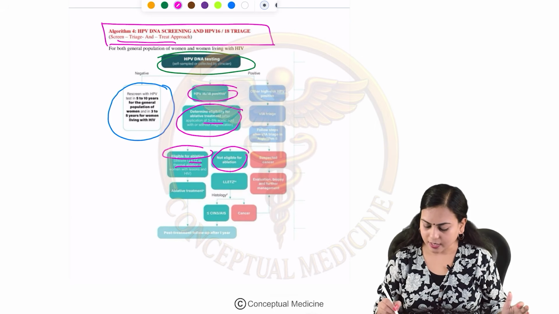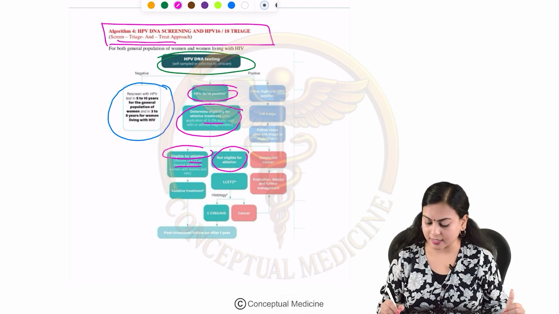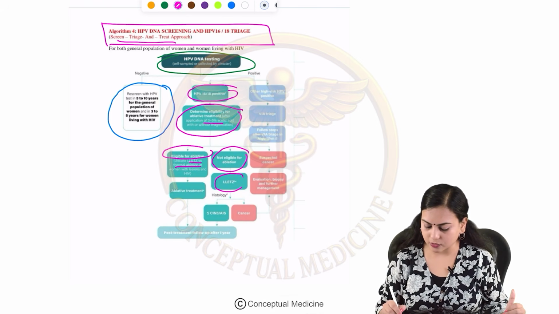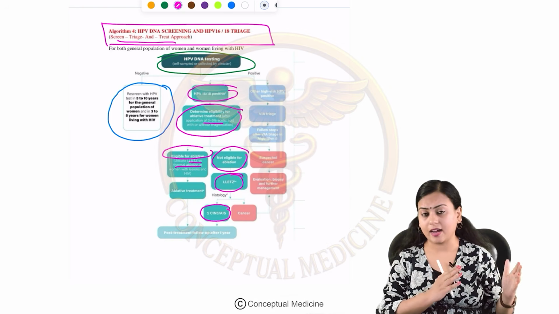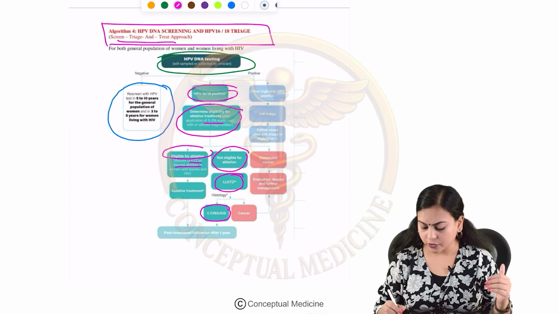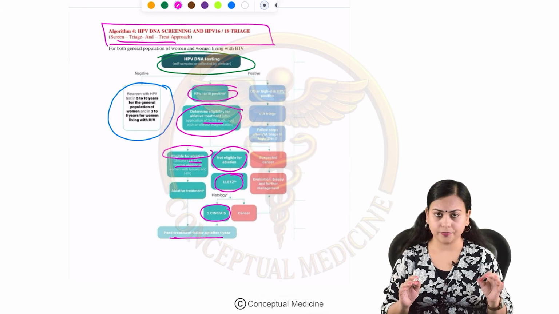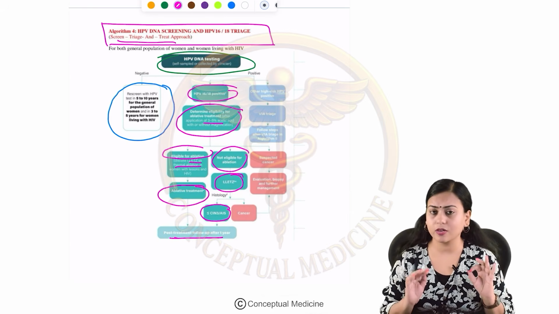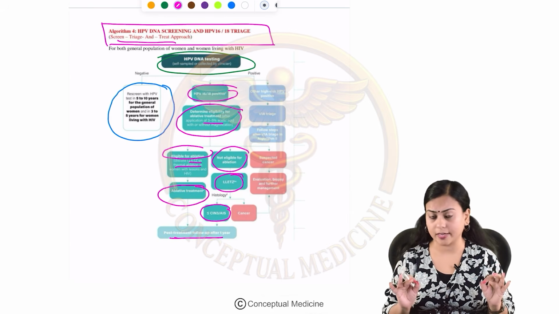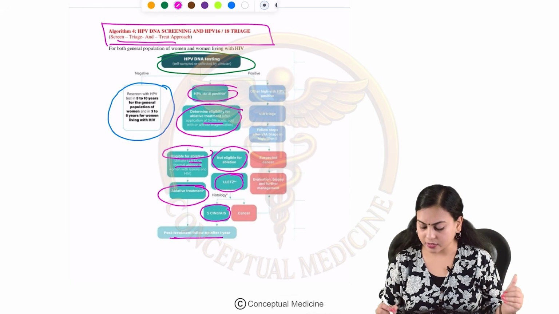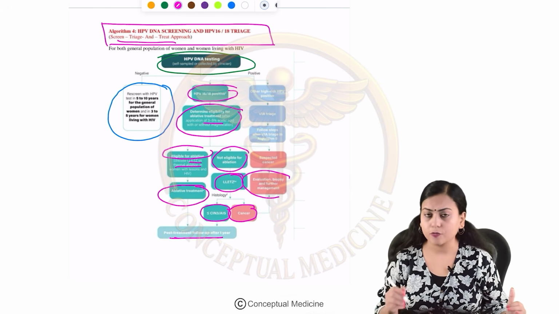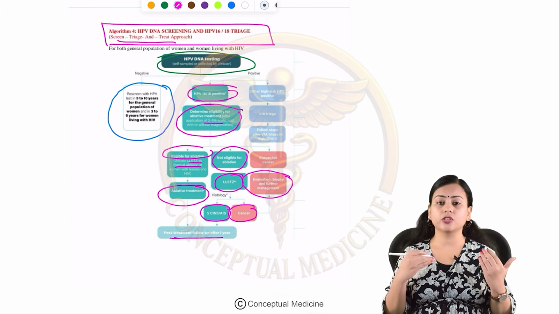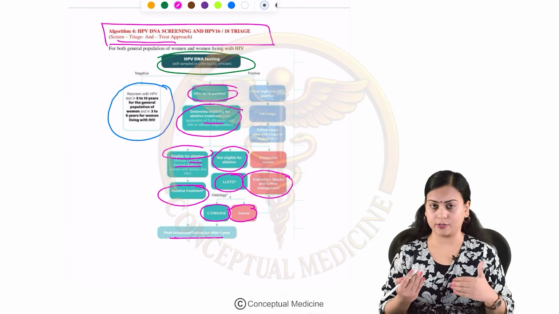Okay. Then in LEEP, if the histology is positive and comes to be less than CIN3 or adenocarcinoma in situ, you will follow her up after 1 year. And if you offer her ablative treatment also, you will follow her up after 1 year. But if there is cancer, you will evaluate further, a biopsy will be taken again, and she will be treated according to her carcinoma stage.